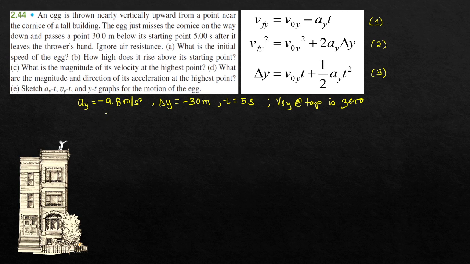So let us now proceed with letter A. Let us now find out what would be the initial speed of our egg. Now within the given, which equation could be best used, or which equation is going to be the most appropriate to solve for our initial velocity?